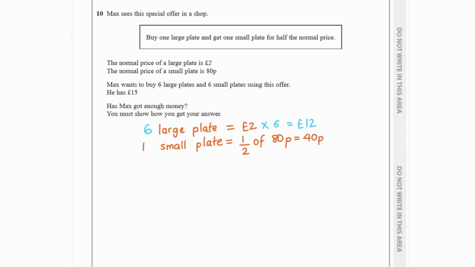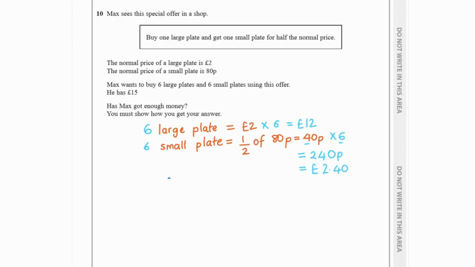Similarly, using this offer, 1 small plate is 40p, but if Max uses this offer to buy 6 small plates, this will be 40 times 6. 4 times 6 is 24, and we can just add the 0 to make it 240p, which is the same as £2.40.